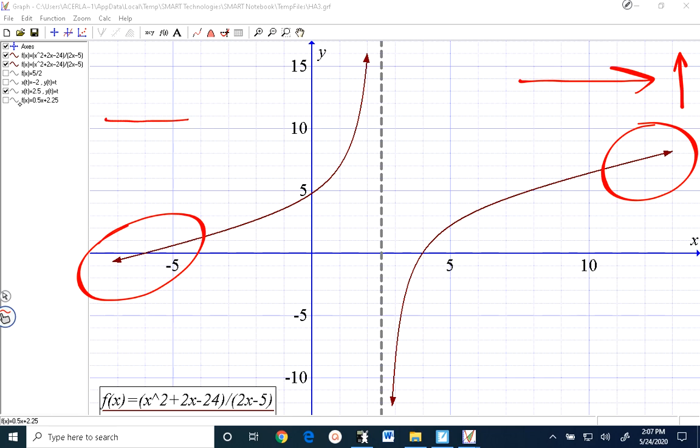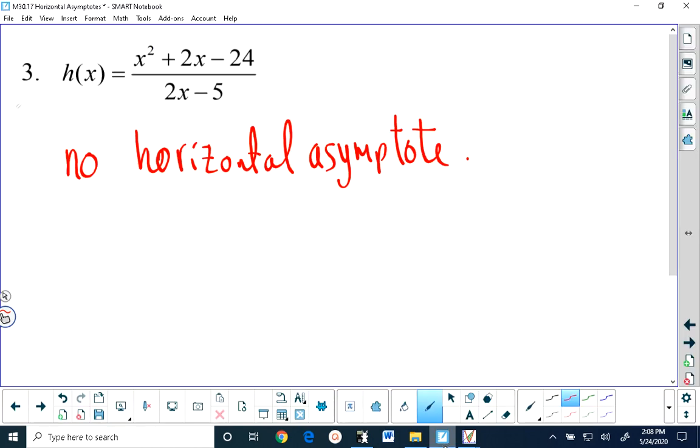Over here, as x goes further and further in this direction, y keeps going down forever. In other words, this graph goes up to infinity on the right and down to negative infinity on the left, so there is no horizontal asymptote. There is, by the way, a vertical asymptote, but again, that's not important for our discussion. So our statement that I wrote here that says no horizontal asymptote is true.